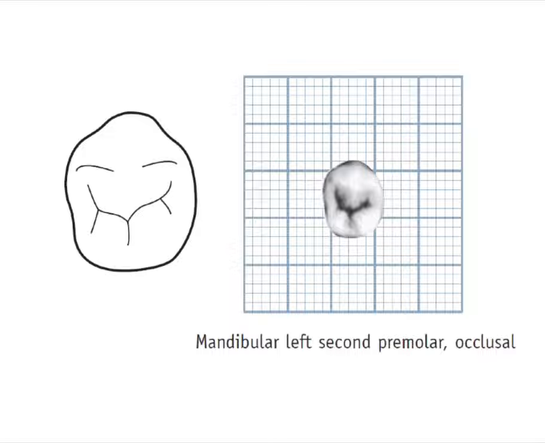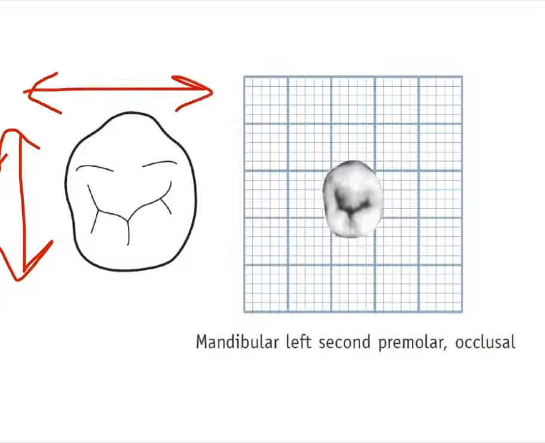Finally, students, you should draw the occlusal aspect of the tooth. It has a shape that is square, since we have a great buccolingual as well as mesiodistal dimension that is equal.